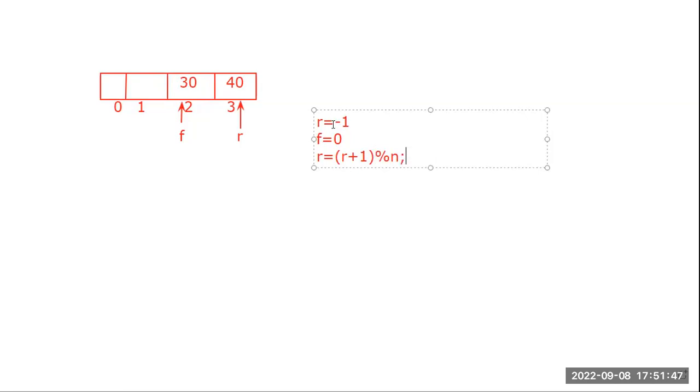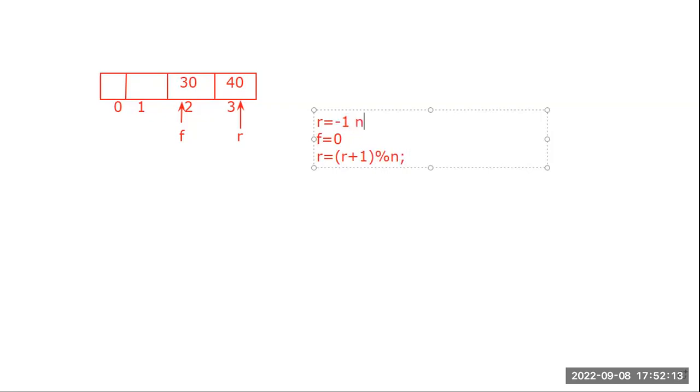Initially, R value is -1. I will ask the user to enter the element, and the user says they want to enter the element 10. R is -1 plus 1. How much will it be? 0. 0 mod, what is the value of n? 4.